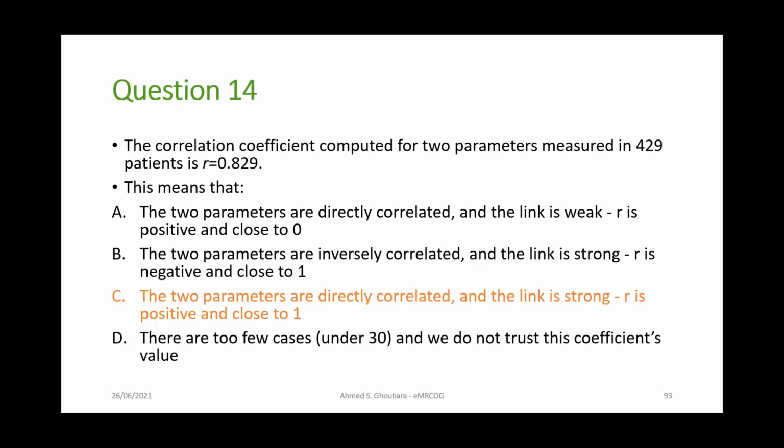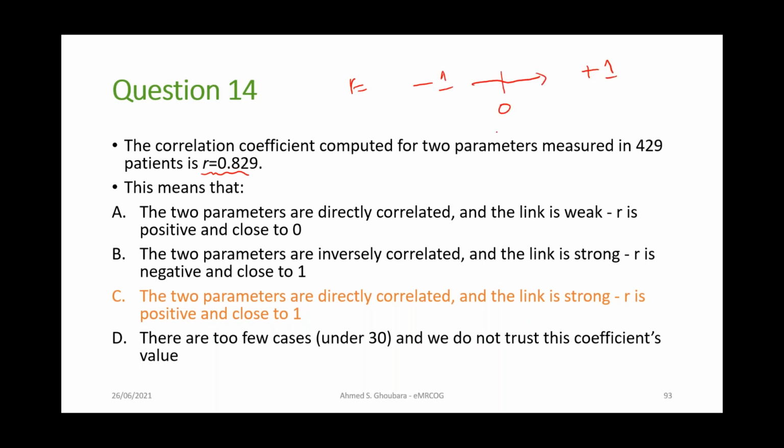So what does it mean? The two parameters are directly correlated because it's a positive correlation. The R ranges between -1 all the way to +1.